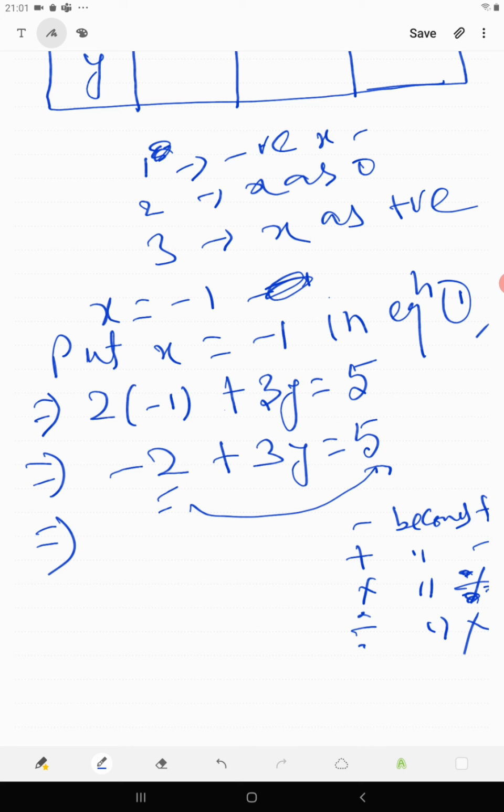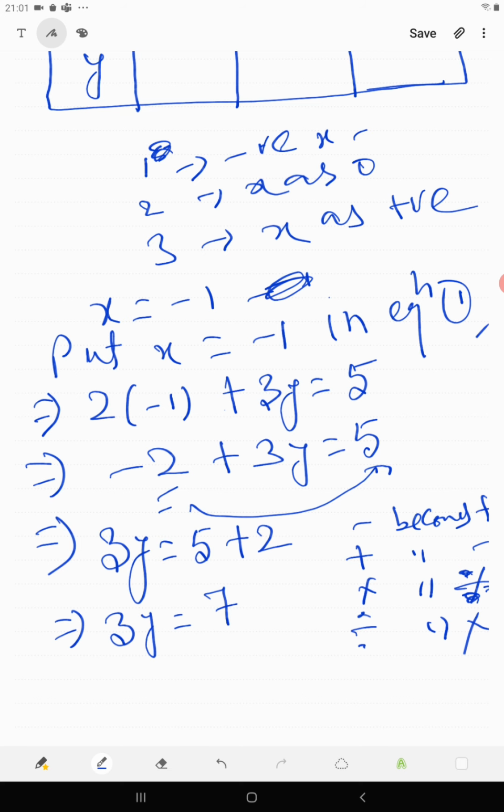So here it is -2, so when it goes to the right hand side, this will become +2. So we will write 3y equals to 5 plus 2. So 3y equals to 7. So y equals to 7/3.